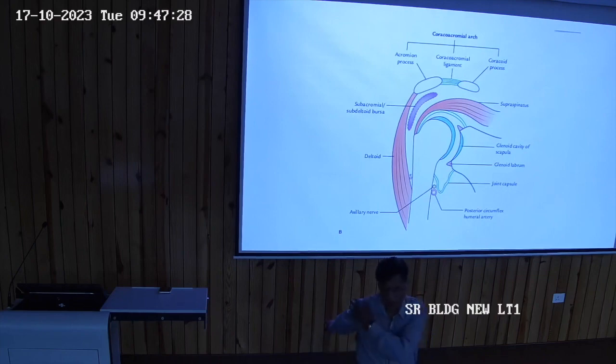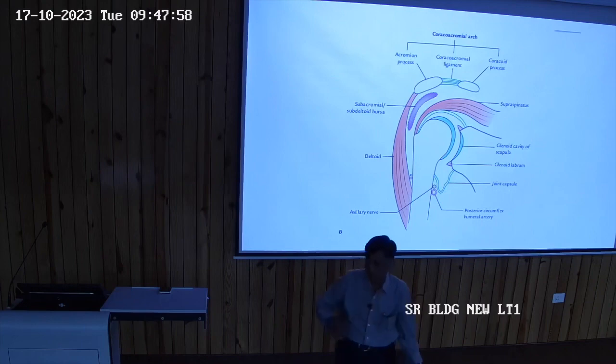In extension, the posterior fibers of the deltoid, and downward you can feel the latissimus dorsi. Okay, no problem. Then the adduction. Adduction of the shoulder joint is done by the sternocostal part of the pectoralis major muscle, and also the part of latissimus dorsi.